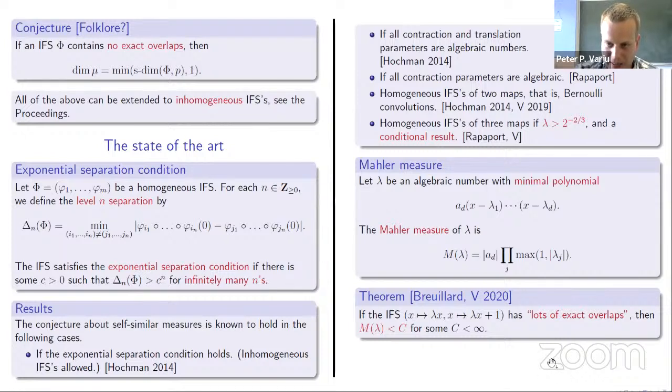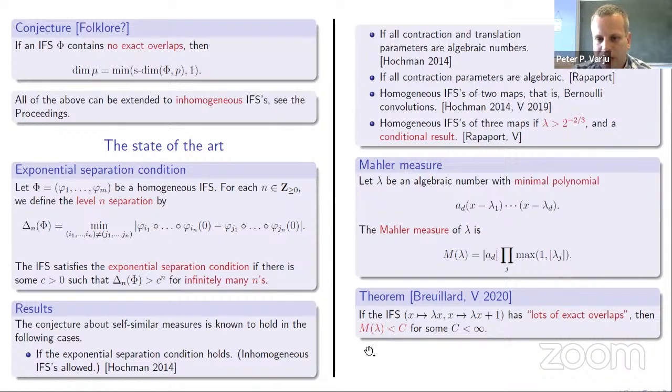So this has to be quantified in the right way, which I don't have time to talk about, but you can see it in my proceedings article. So this is one of the crucial ingredients in the proof of the conjecture for 2 maps.